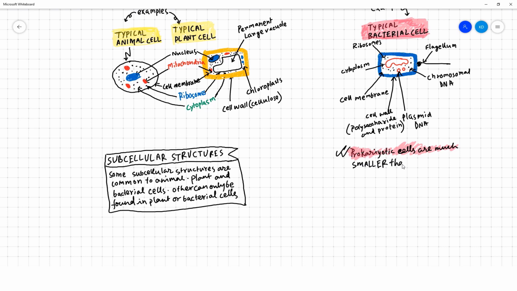Prokaryotic cells are much smaller than eukaryotic cells. So always remember this point: prokaryotic cells are much smaller than eukaryotic cells. This is the point you should remember here. So remember these things properly.